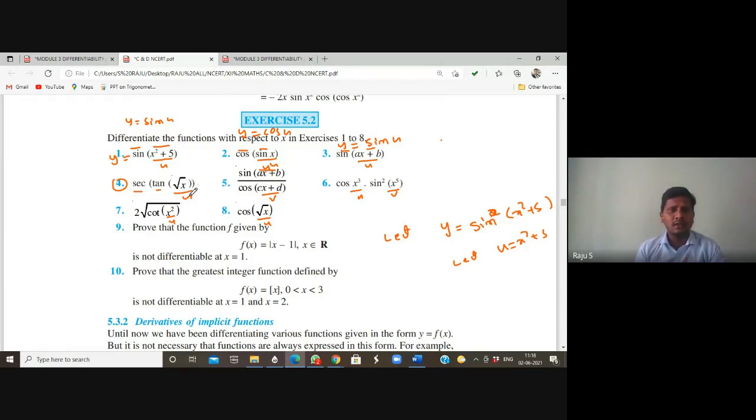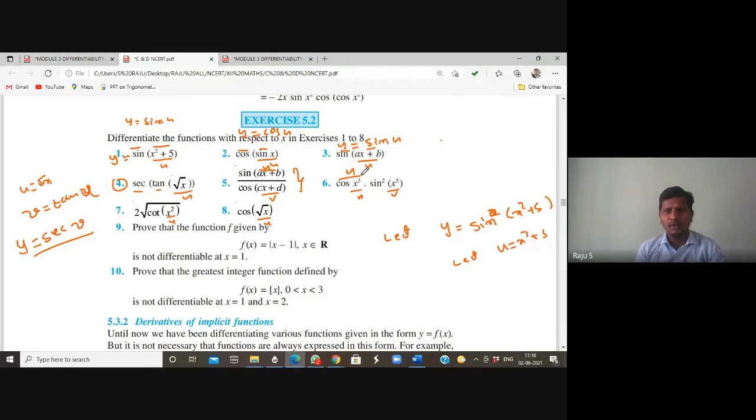So here u is equal to root x, then v is equal to tan of root x, that is tan u. Then finally y is equal to secant of tan root x, that is, of v.